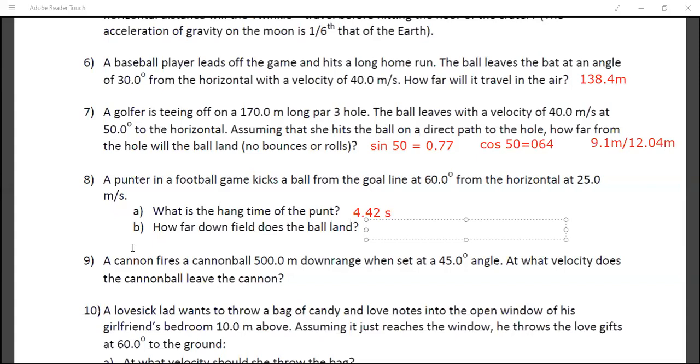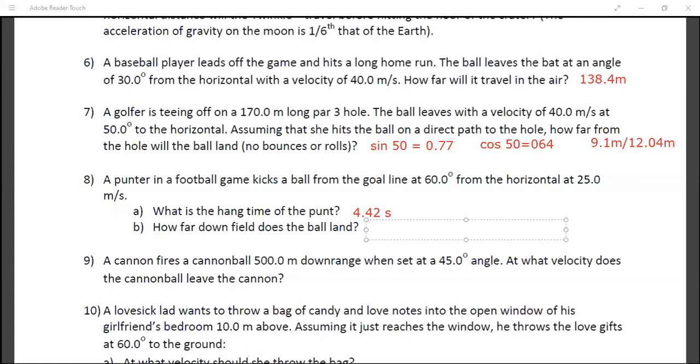So the first answer is 4.42 seconds. It depends upon the value of g which you take. Rajesh, what g value did you take? 9.8. So for 9.8 you will get 4.42, correct?